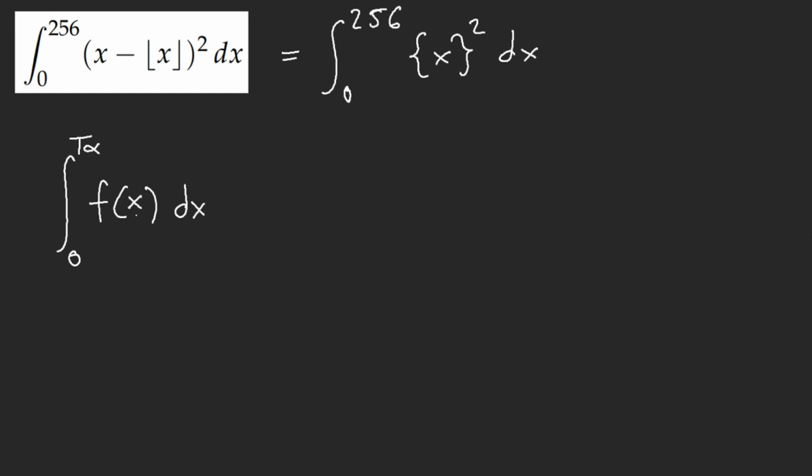If your function is periodic at t, then this is going to equal alpha times the integral from 0 to t. So if your function is periodic at t, you can split it like this.